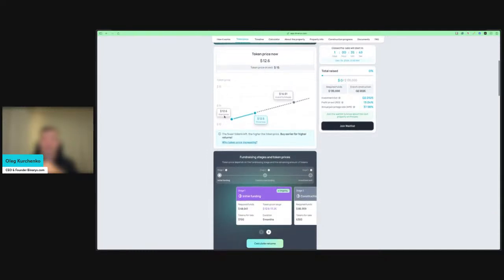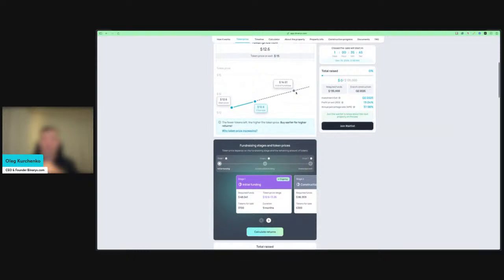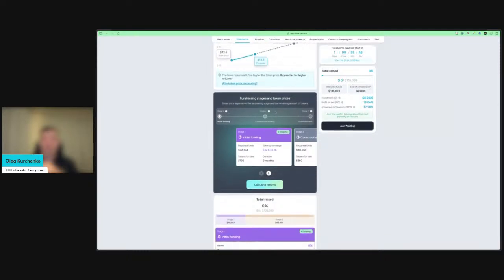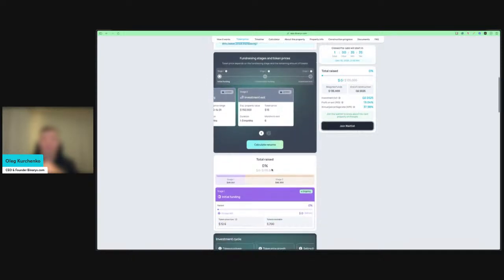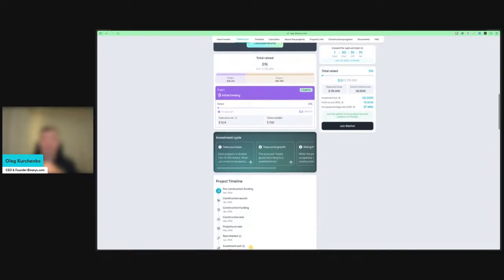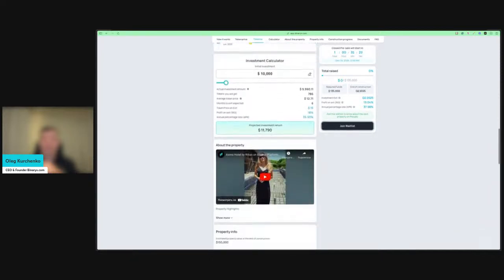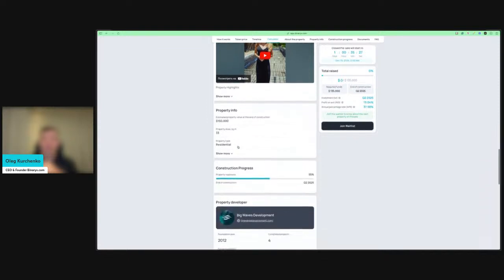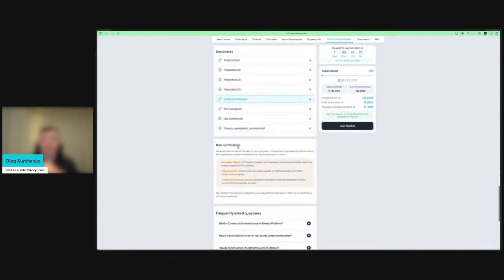And also you can see the current token price at the end of fundraising, all the steps that the property will go through from initial funding, construction funding, and investment exit, of course, how much money is raised, the investment cycle, project timeline, and of course information about the property and reports from the developer.